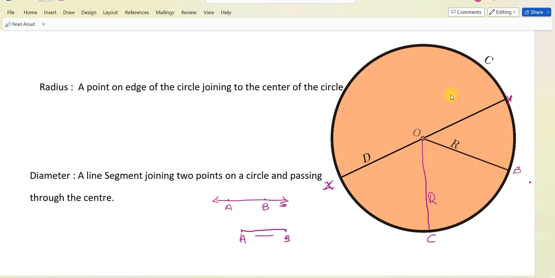This is called a diameter. A line segment joining two points and passing through the center of a circle is called a diameter.